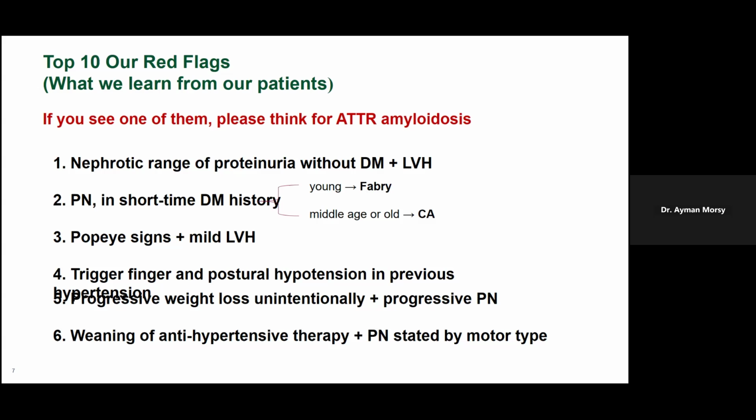Second important thing: progressive unintentional weight loss with progressive peripheral neuropathy, again think of cardiac amyloid.